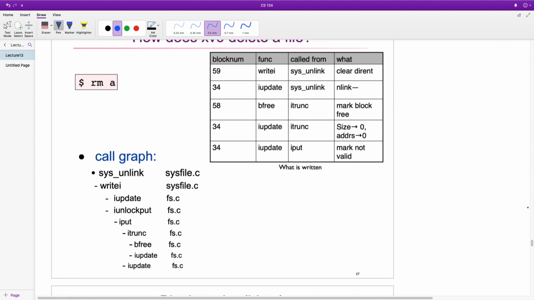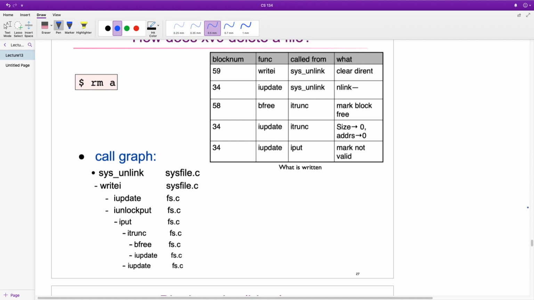For deleting, right, there's a couple of things that we need to do. When we delete a file, it's definitely gone from the directory it's in, right? That's clear. So we're going to clear the directory entry of the file of the directory it's in.